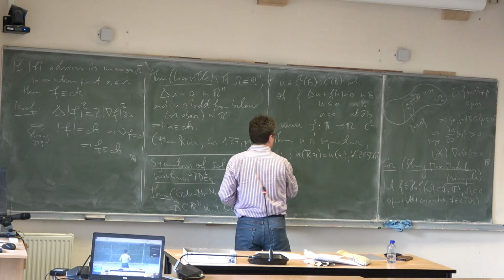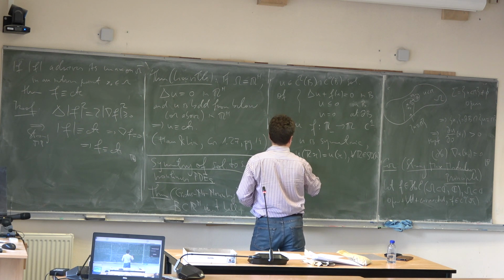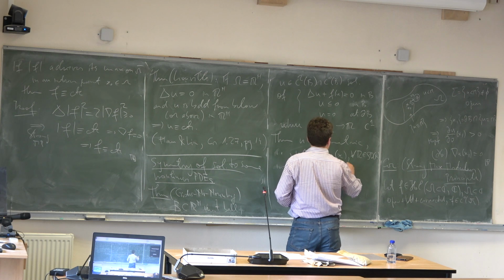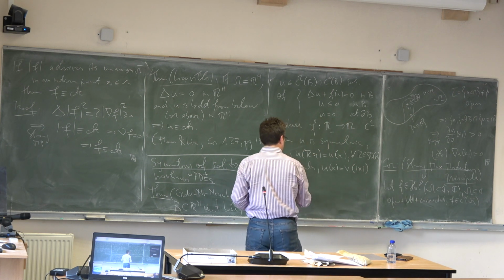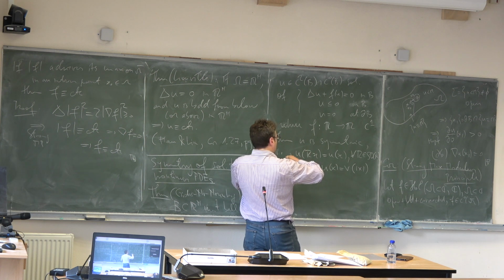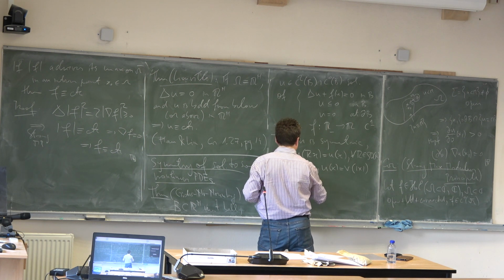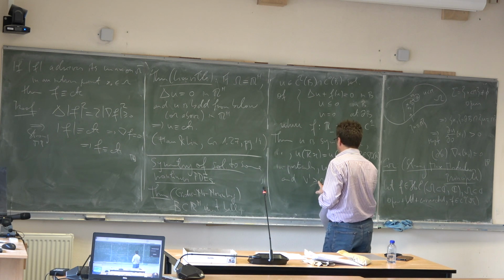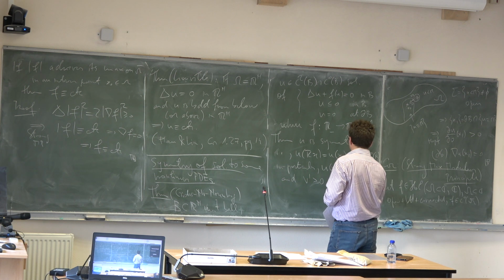In particular, u is a function that depends only on the radius, and so v is increasing, and v prime is strictly increasing in 0.